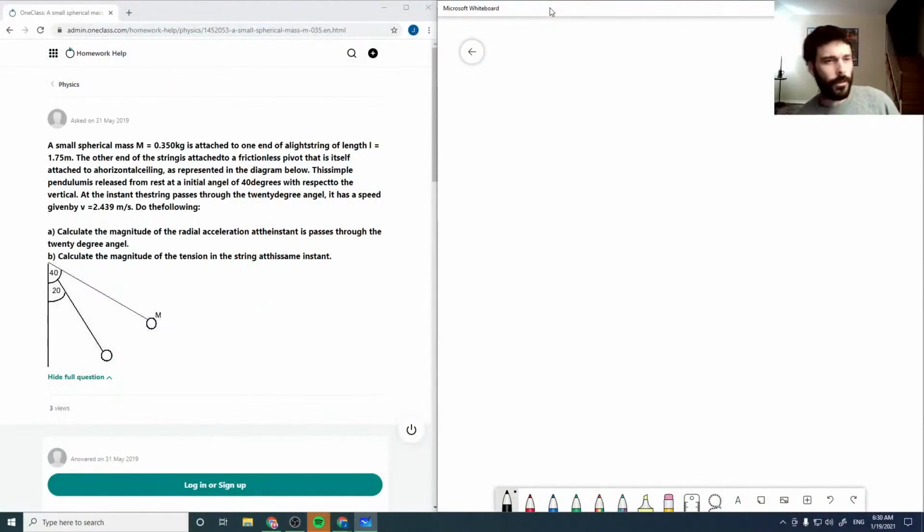So here's our first one. A small spherical mass, m equals 0.35 kilograms, is attached to one end of a light string. So I'm just going to draw this out myself.